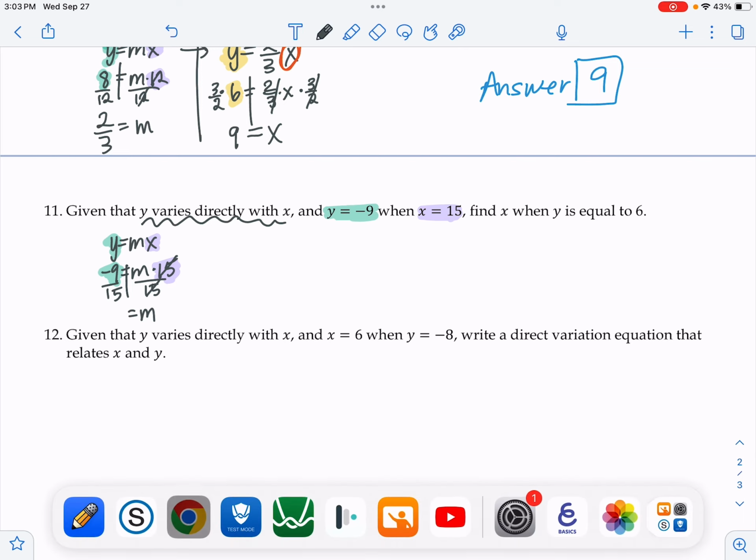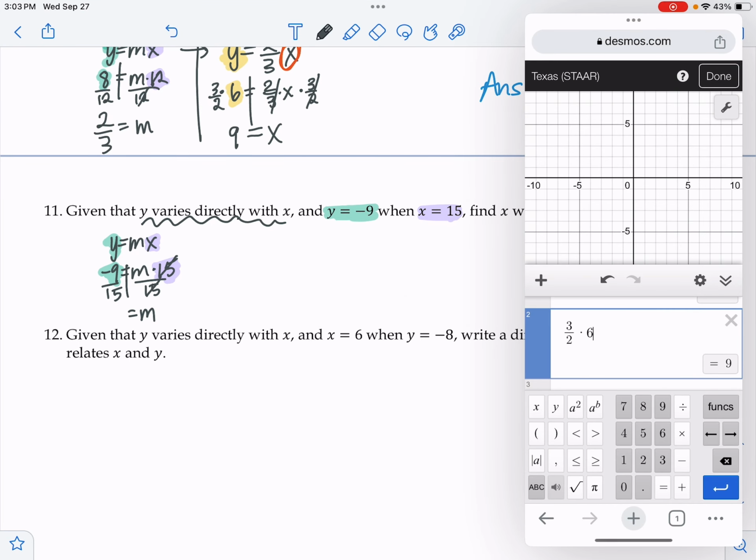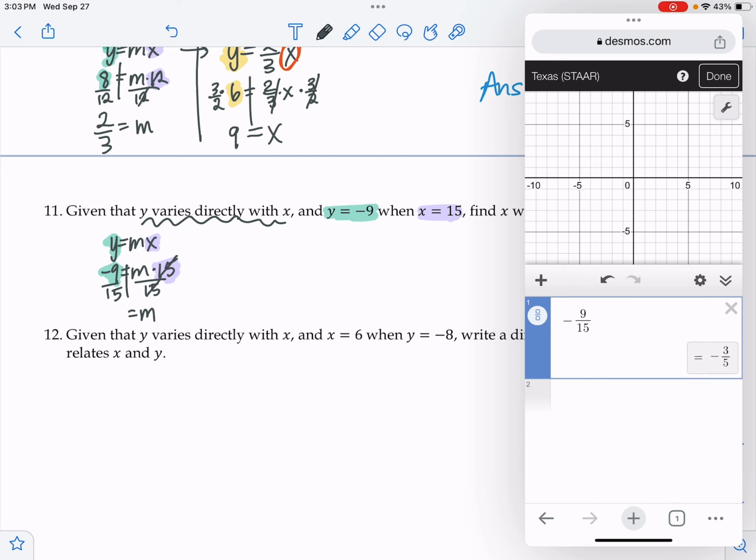Simplify using Desmos. Negative 9 divided by 15. I'm going to use the fraction negative 3/5. So my equation is y equals negative 3/5 x.